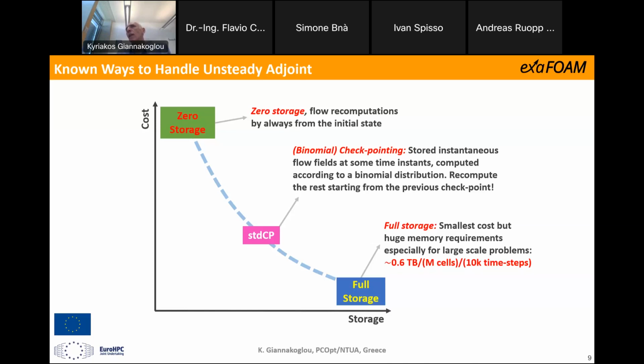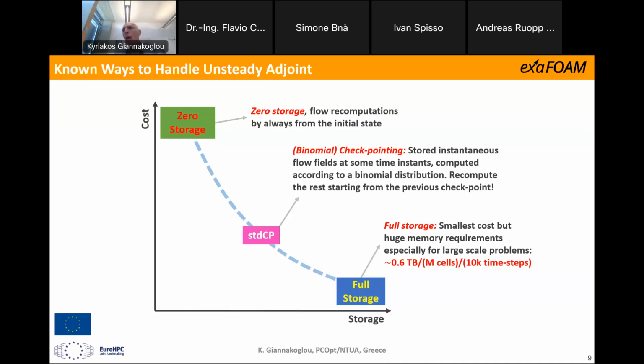So the industry uses a middle ground solution, which is the so-called checkpointing, or binomial checkpointing specifically. What is the idea here? The idea is to try to relax memory requirements with a controllable computational overhead.